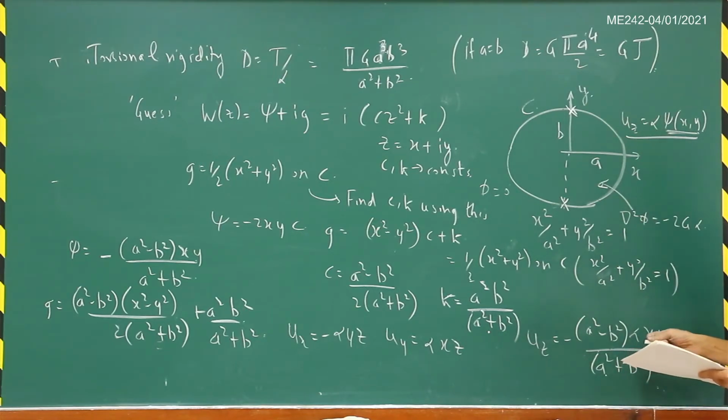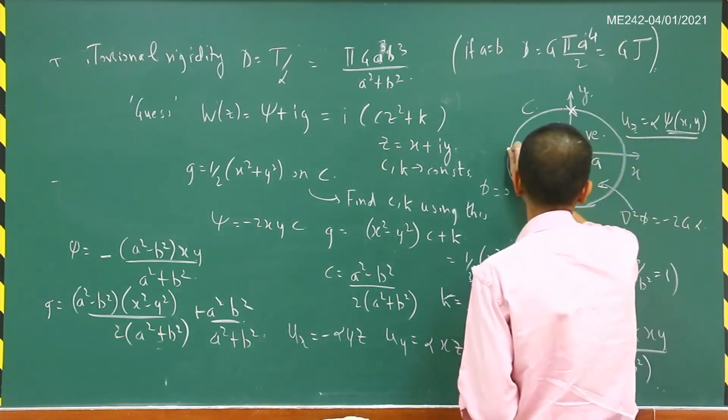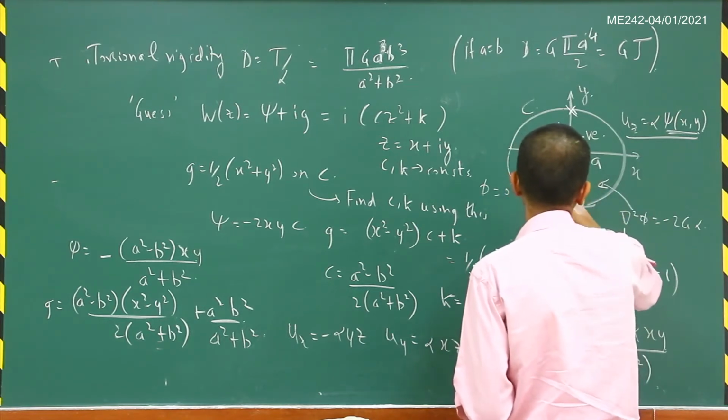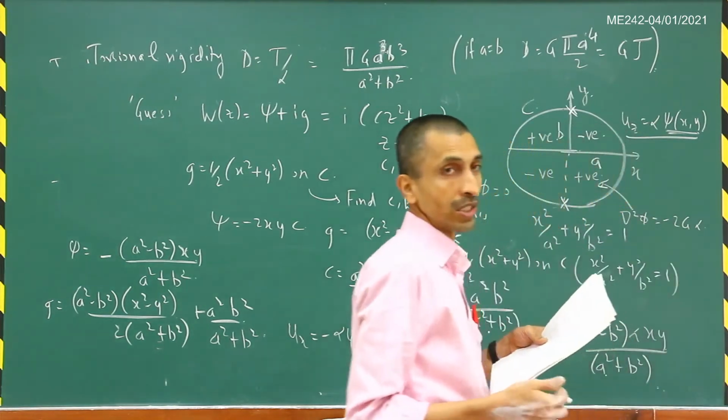But now, if you take that a is greater than b, let us say, then you will see that this quantity in the first quadrant will be negative, so here you will get a negative displacement. In this quadrant you will get a positive, in this quadrant a negative, and in this quadrant a positive displacement.